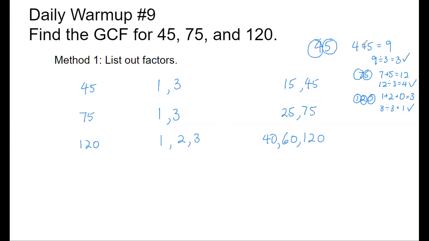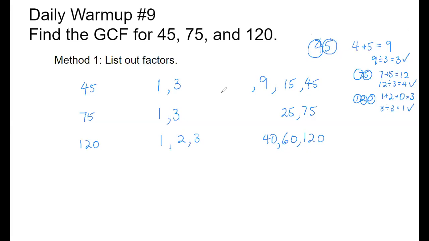So let's see. 4 plus 5, that's 9. Is 9 divisible by 9? Now we're checking to see if the digits, when they add up, are divisible by 9. 4 plus 5, that's 9. Is 9 divisible by 9? Heck yes. Okay, so 9.